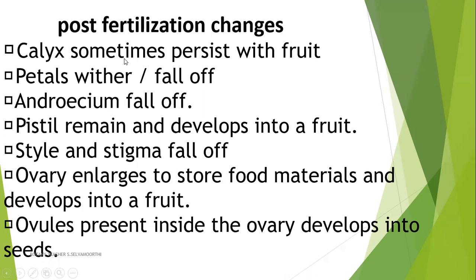The calyx sometimes persists with the fruit, petals wither or fall off, and the androecium falls off. The pistil remains; the style and stigma fall off, and the ovary enlarges to store food materials and develops into a fruit. Ovules present inside the ovary develop into seeds.